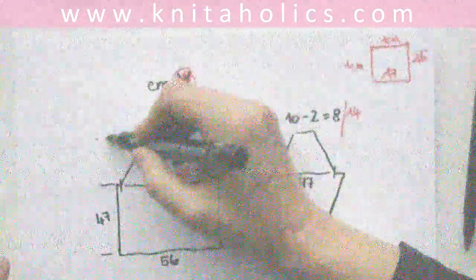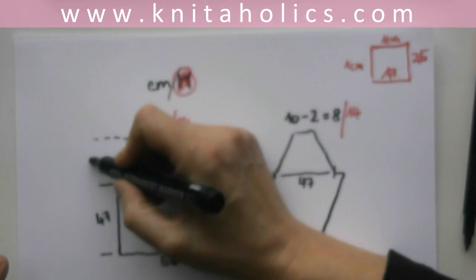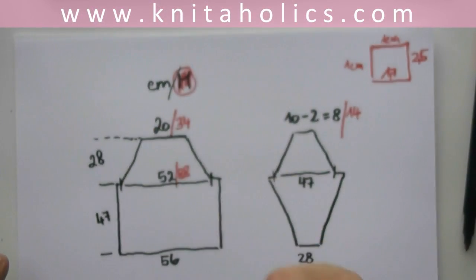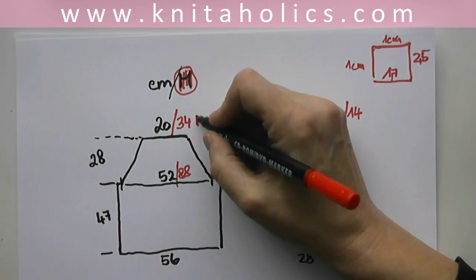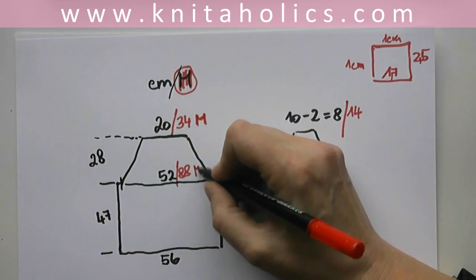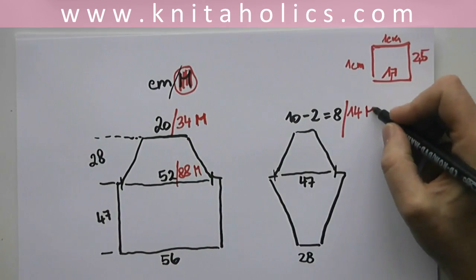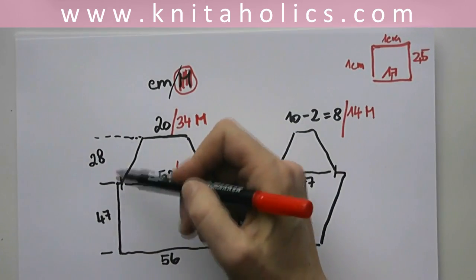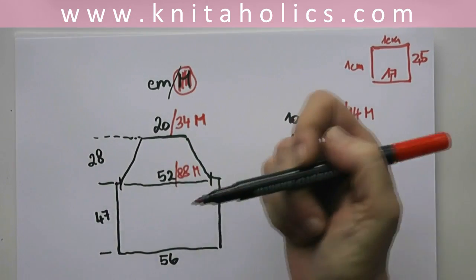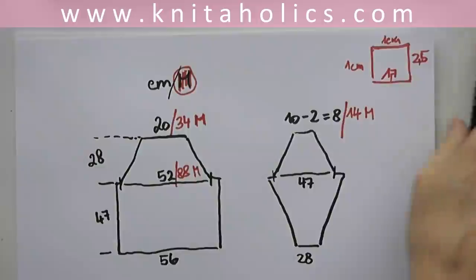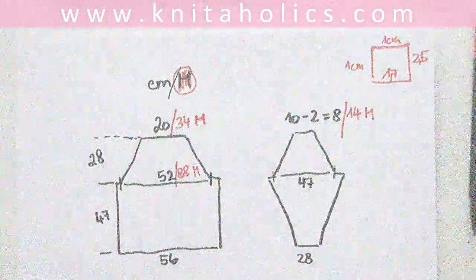And next we do the rounds for the raglan part. The height for the raglan part is 28 centimeters. And so that we don't mix up, write M for not murder, for Maschen, which is the German word for stitches.